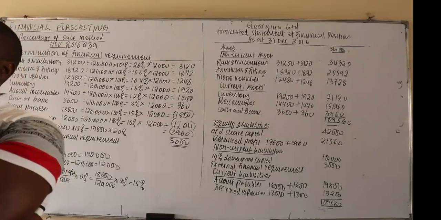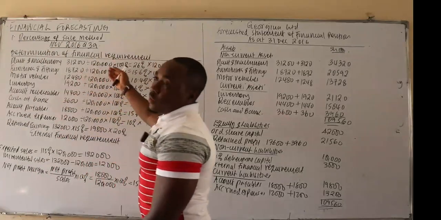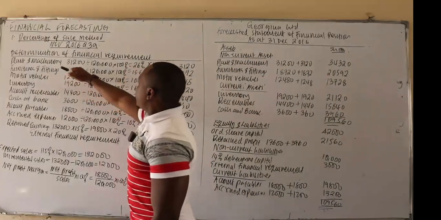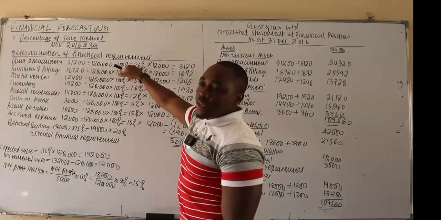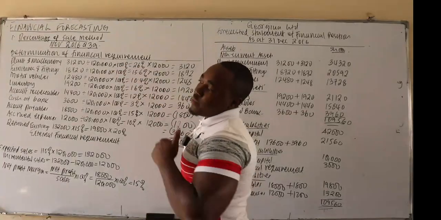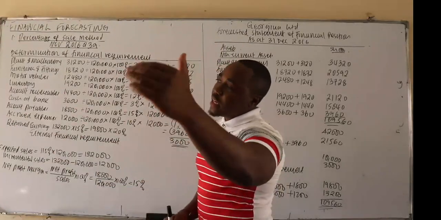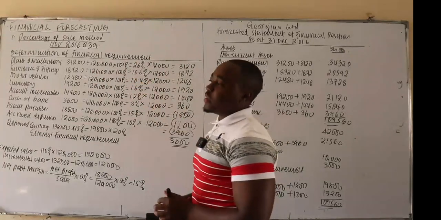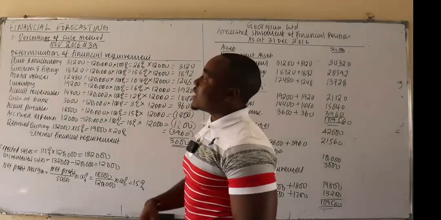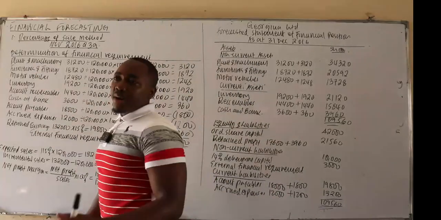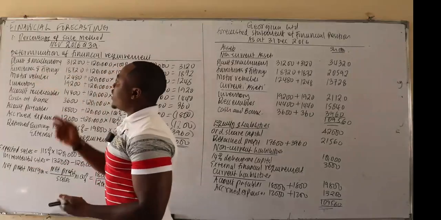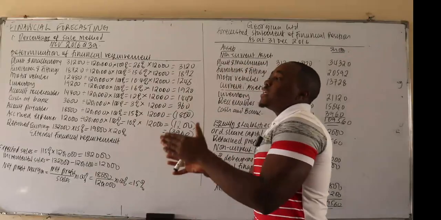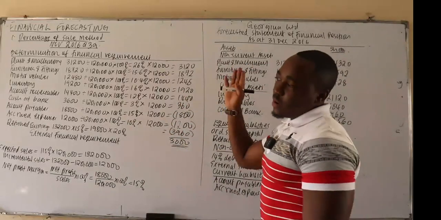Yeah, it's an assumption. For example, what you have been doing here, we assume that plant and machinery represented 26% of the sales. What does that mean? That means also for the coming financial year, when the sales increase, plant and machinery will also increase by 26%, which is not the reality. It's not a must that a company in a given year must acquire new plant and machinery. It's not a must they acquire new furniture and fittings. Sometimes even they have to depreciate. But in this case, they are assuming that if sales increase, those items also increase, which is not always the case.